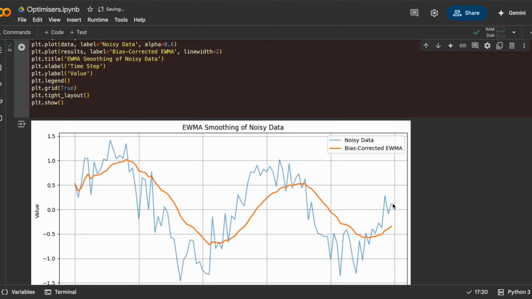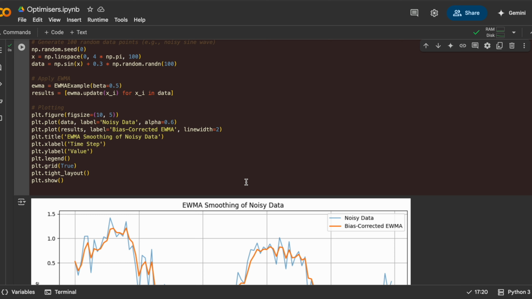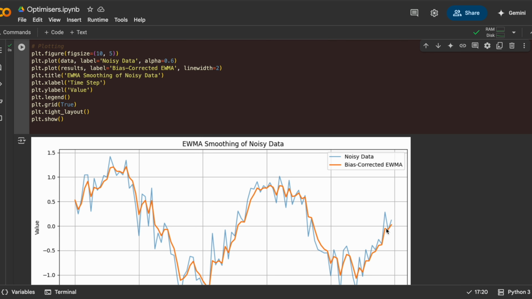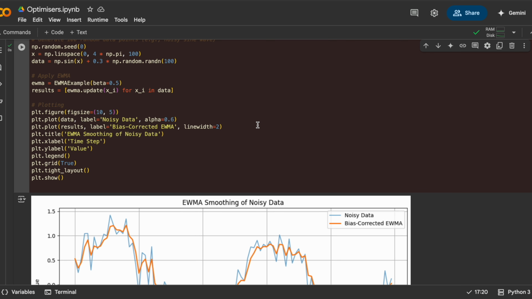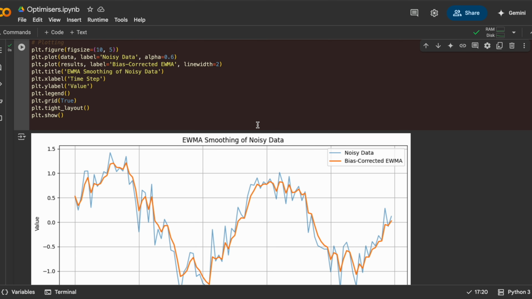At this point, you have an average approximation of the last 10 days. At this point, you have an average approximation of the last 2 days. And if you go to 0.1, you have an average approximation of about 1 day. So you are going from a more stable pattern to a more noisy pattern. That's how beta helps.